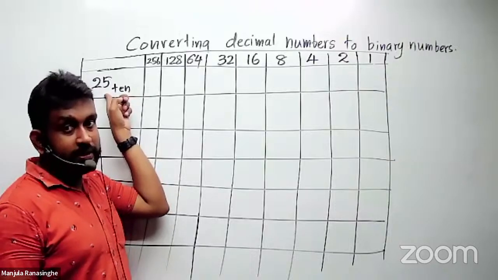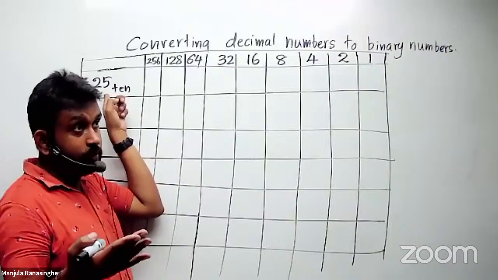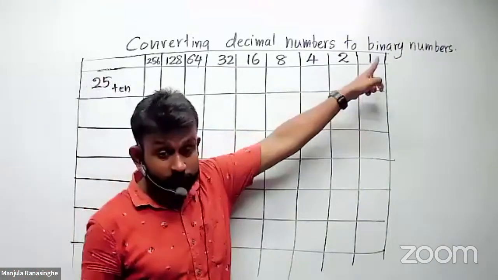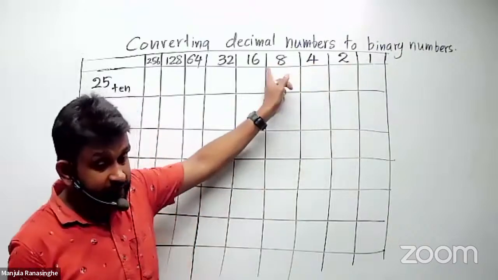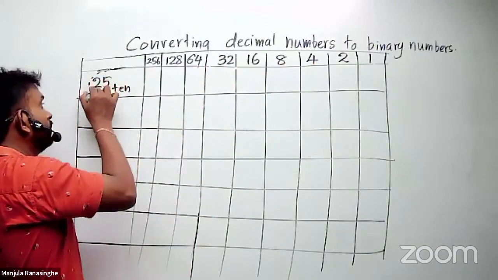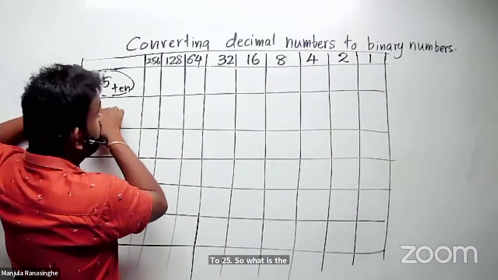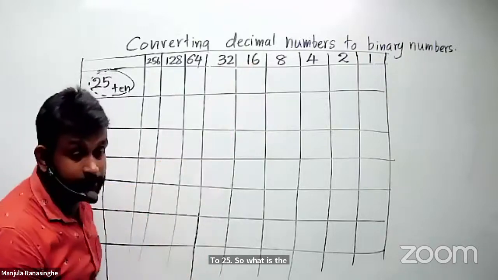What are the place values of 2? 1, 2, 4, 8, 16, 32, likewise. So near to 25, what is the place value? Very near to 25, the nearest place value is 16.